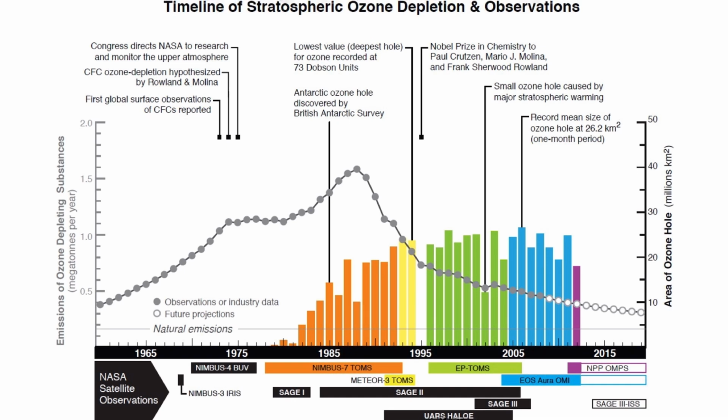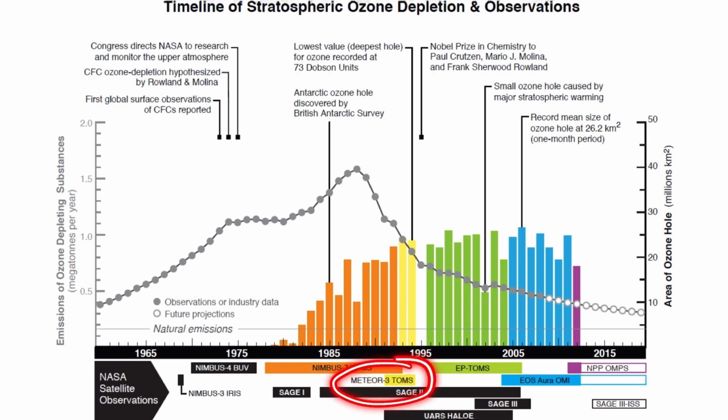The TOMS instruments on board multiple platforms provided observations of the ozone hole for nearly 29 years, with the exception of 1995 data. After the TOMS instrument, then the Meteor 3 stopped sending data in December of 1994.